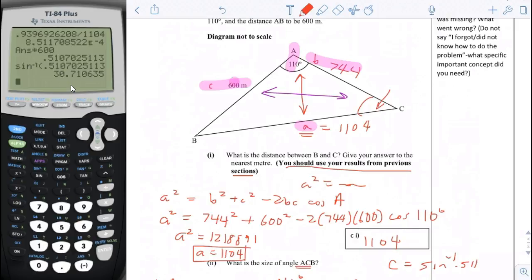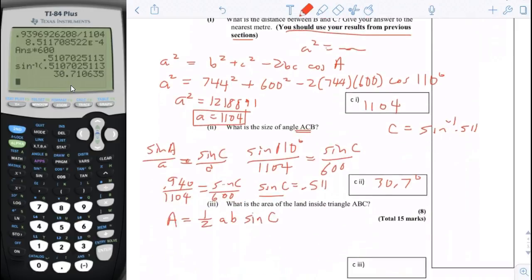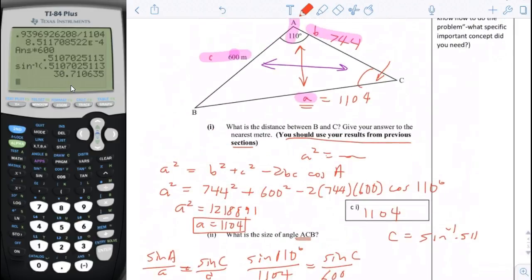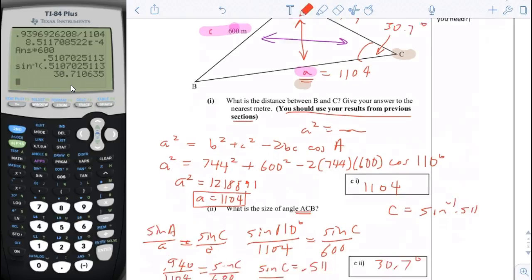Perfect. We know big C is 30.7 degrees, right? We know big C. We know little c, or we know little b, and we know little a. And those are the three things we need to use this formula.